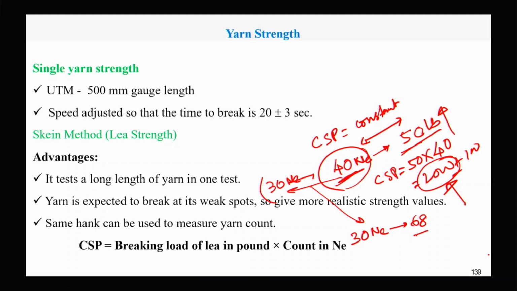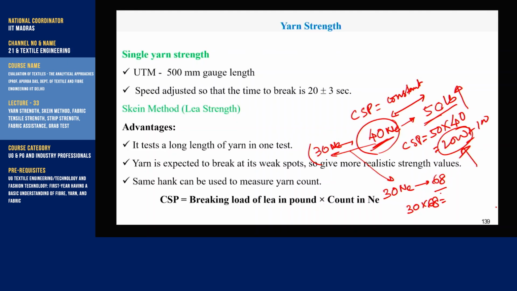So if it is 68, so 30 multiplied by 68 will be around 2000. 30 multiplied by 68 is 2040.